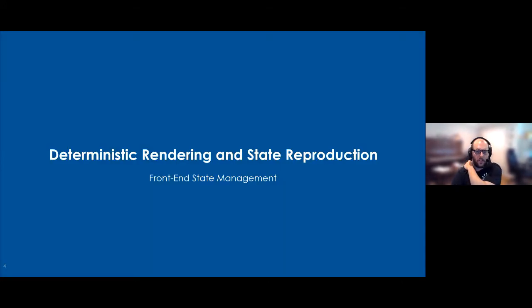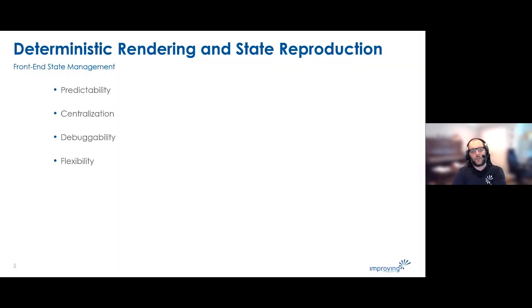So one of the major things we want is deterministic rendering. I realize that if you've done Redux, you've seen these four before. The reason I pulled these four is I looked at a lot of state management libraries, and regardless of the library, the benefits they espouse always come back to these four tenets. Redux did a really good job labeling them, so that's why I'm using the labels.